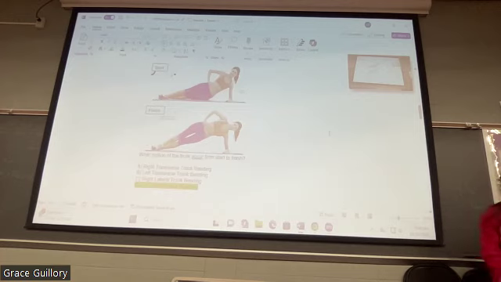I'd like to point out that for the answer choices, if you look at it at a glance, you're gonna get it wrong. So you have to know which plane you're moving in and what the verbiage looks like.